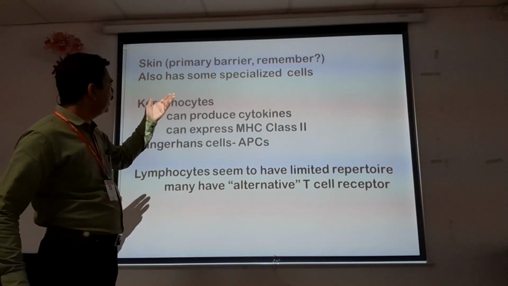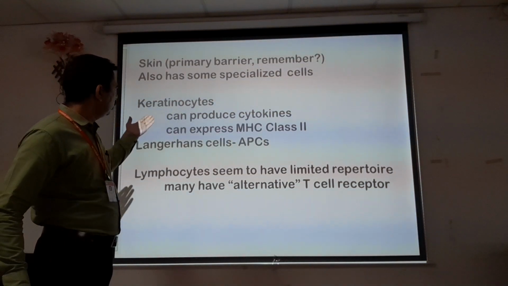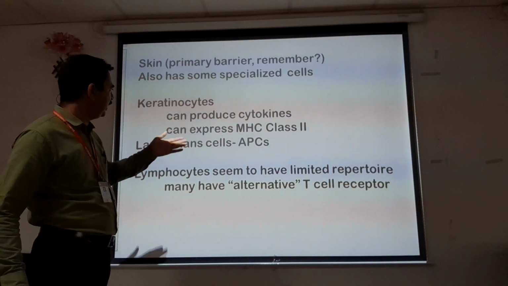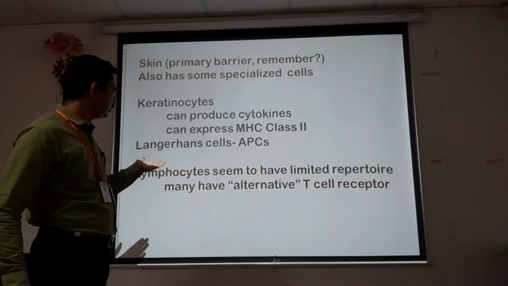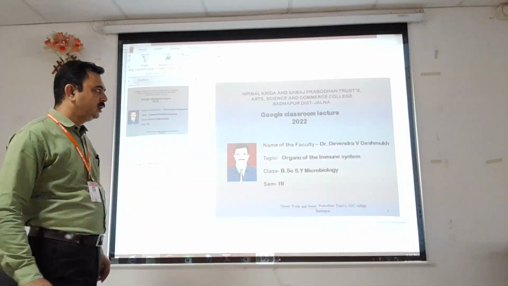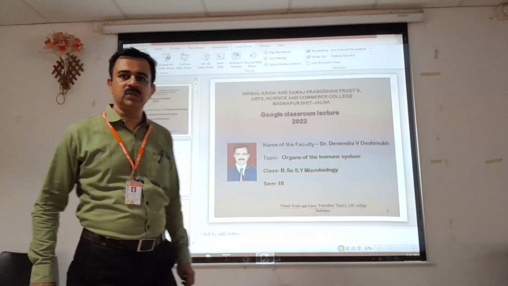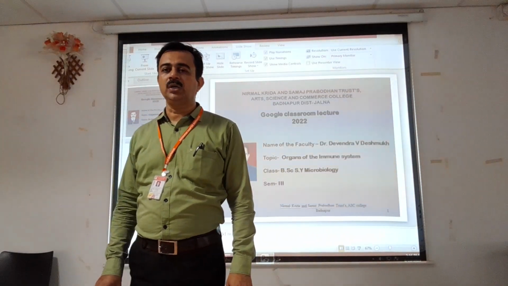Skin, primary barrier, remember, also has some specialized cells: keratinocytes that can produce cytokines and can express MHC class 2, Langerhans cells, APCs, and lymphocytes that seem to have limited repertoire, an alternative to T cells. Okay. So this is how a particular functional level activity can be done with the help of the organs of the immune system.